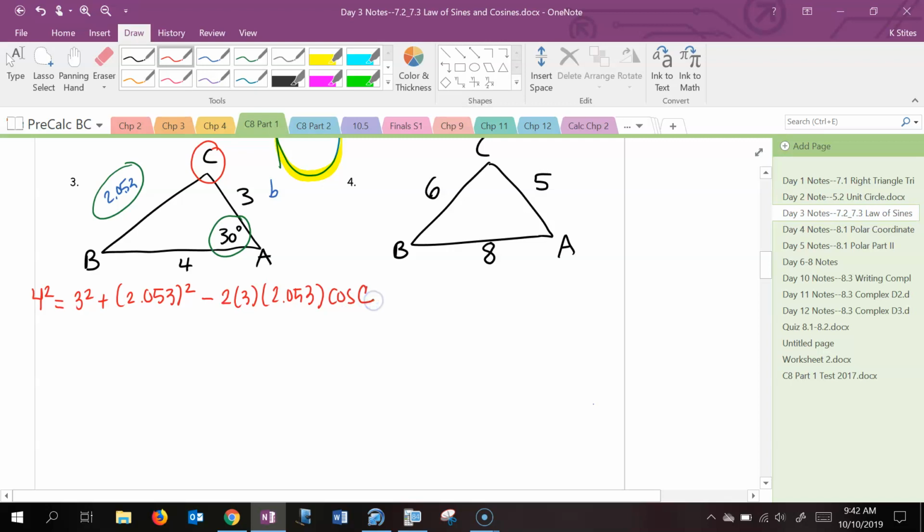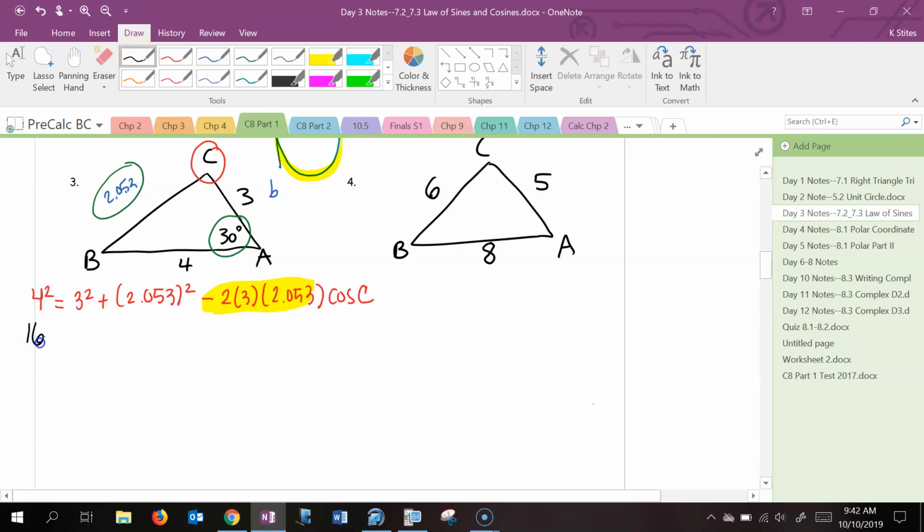Here's where you need to be really careful, because your cosine C is attached to this guy right here. This is like if you had a 4 minus 2x. You can't combine a 4 and a minus 2x, so you're going to have to do this in steps.